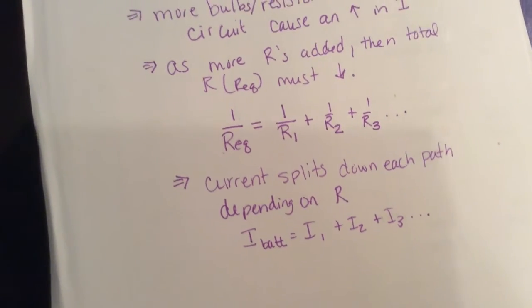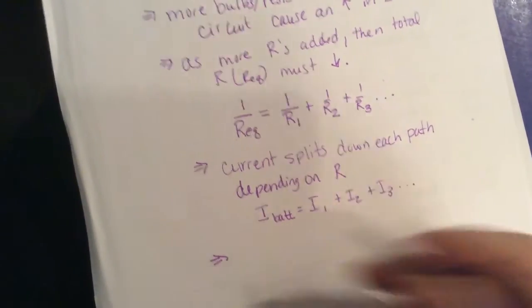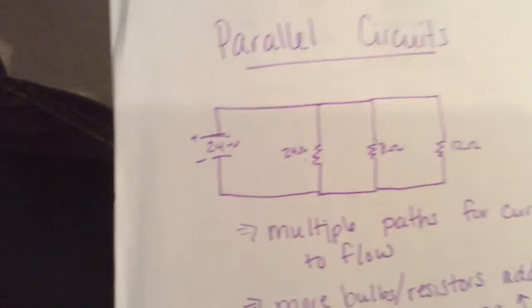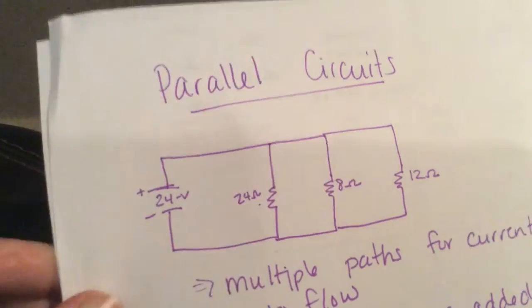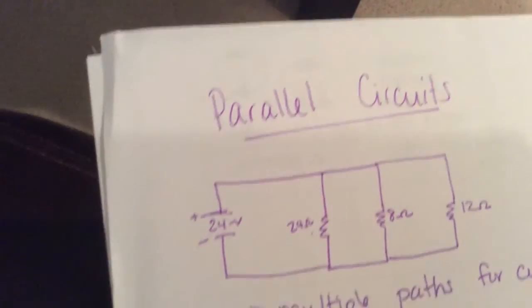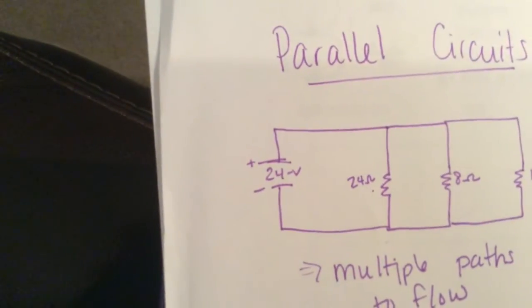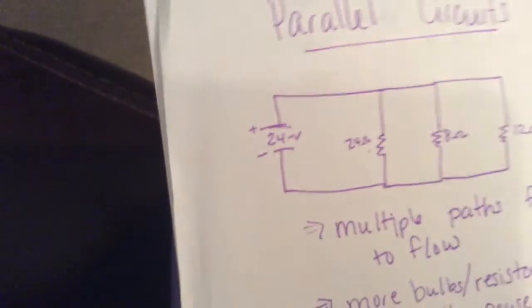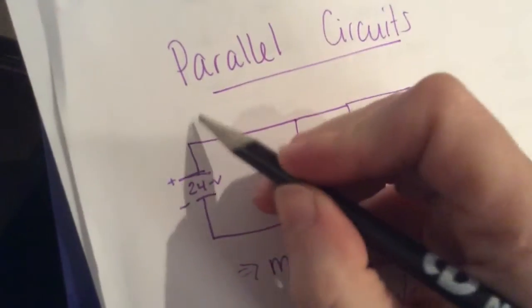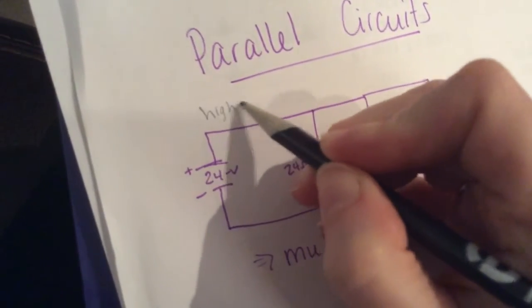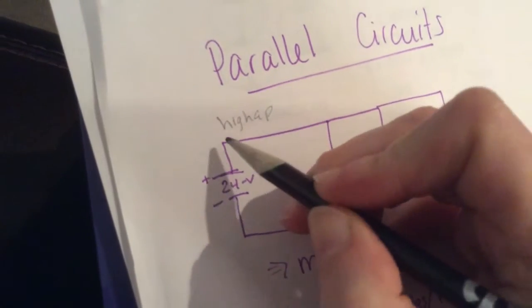Now, the last thing we have to talk about is voltage. Thinking about voltage and going back up to our circuit, here we have 24 volts. Remember, when we labeled our circuit the other day, we talked about this up here having high electric potential, lots of energy.